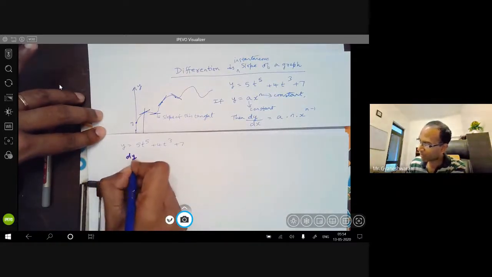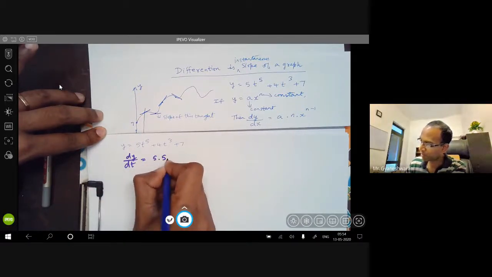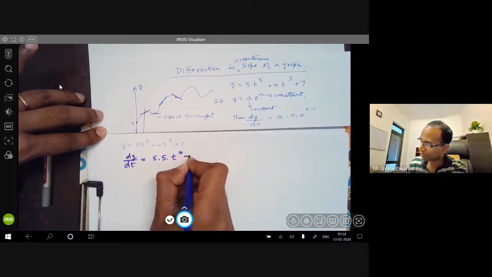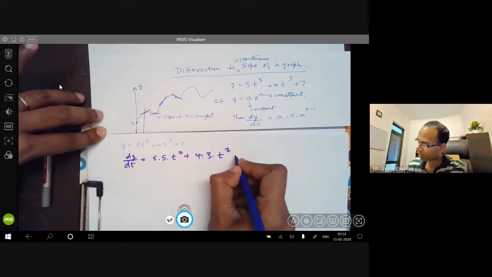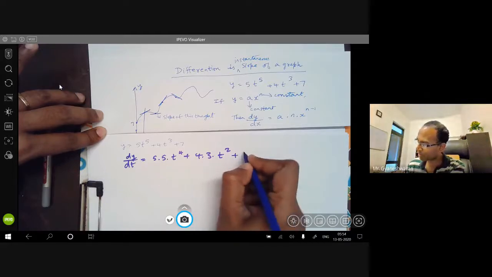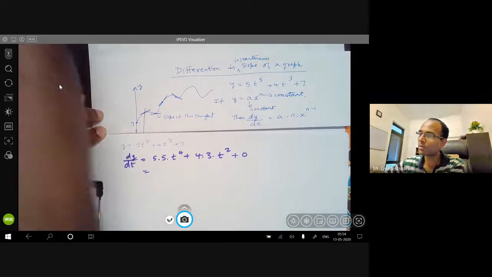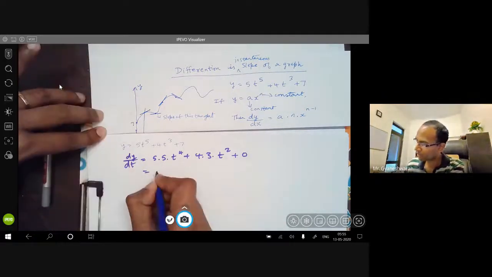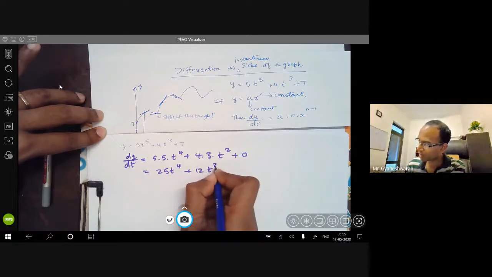So dy by dt is equal to 5 into 5 into t to the power 4 plus 4 into 3 into t square plus the derivative of 7, which is 0, which gives 25 t to the power 4 plus 12 t square.